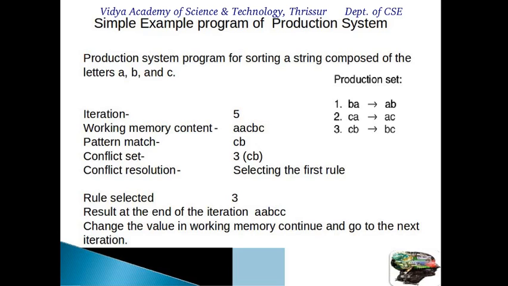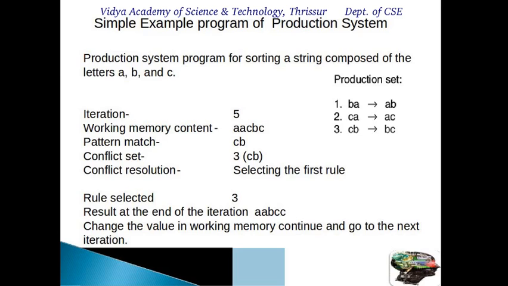In the next iteration, again it will look for all the conditions. Only one condition is met: CB is there. For condition CB the rule is rule 3, and it will select that rule.